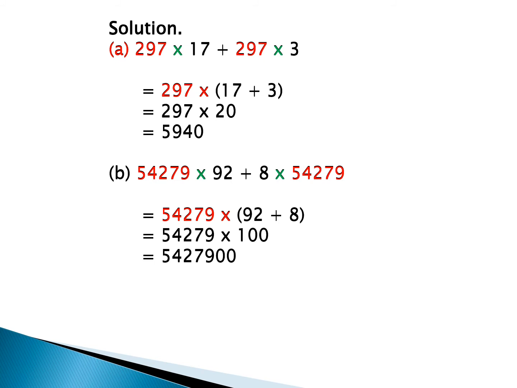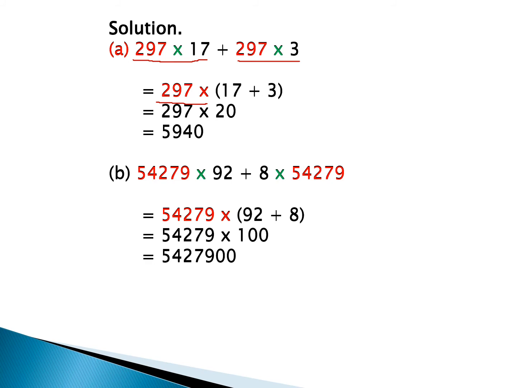Now children, you can see there are two terms in this question. It is 297 multiply 17 and 297 multiply 3. Now you can see there are a few things which are common in these two terms. They are 297 and the multiplication sign. These two things are common, so they are written outside the bracket, and in the bracket what has to be written?